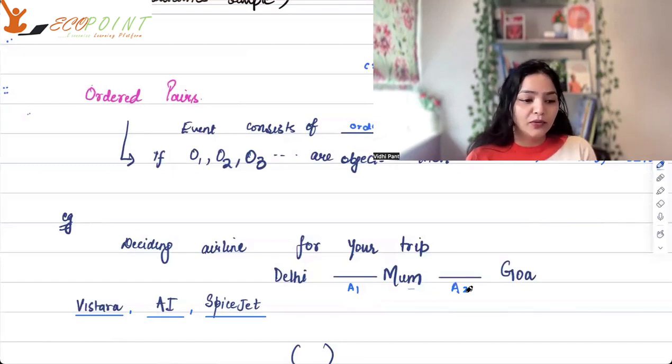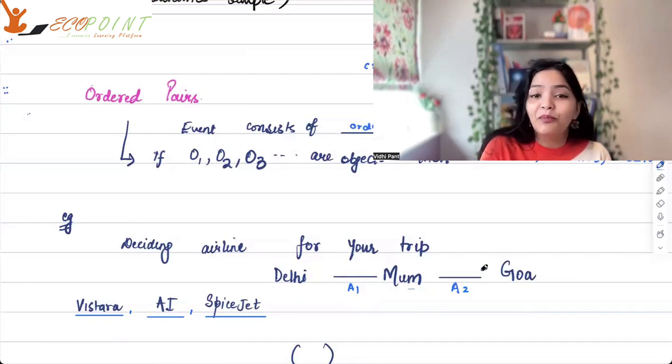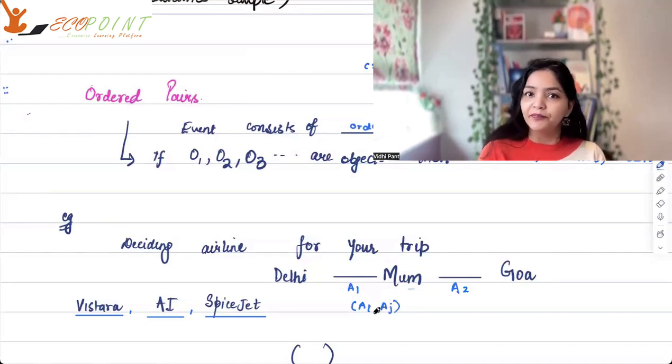I want to figure out the number of possibilities that I have in case I have these three airlines that I wish to make use of. So how many possibilities do I have? I am looking for 2 airlines at a time, right?